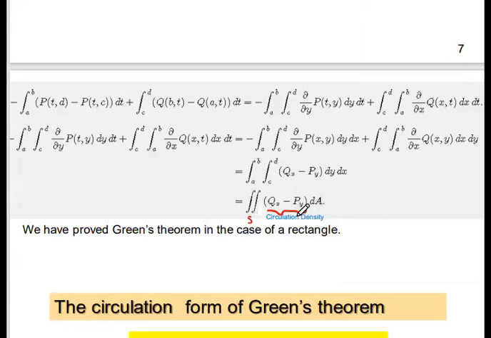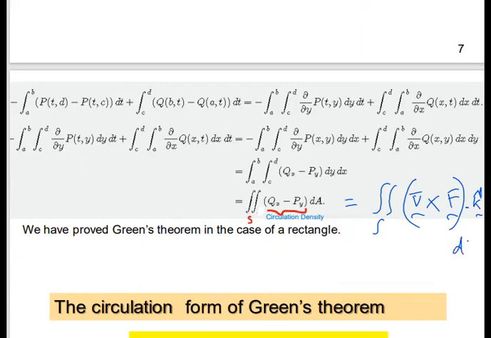This is the circulation density. That means this is the same as the k-th component of the curl of F, the curl of F dotted with the k unit vector.